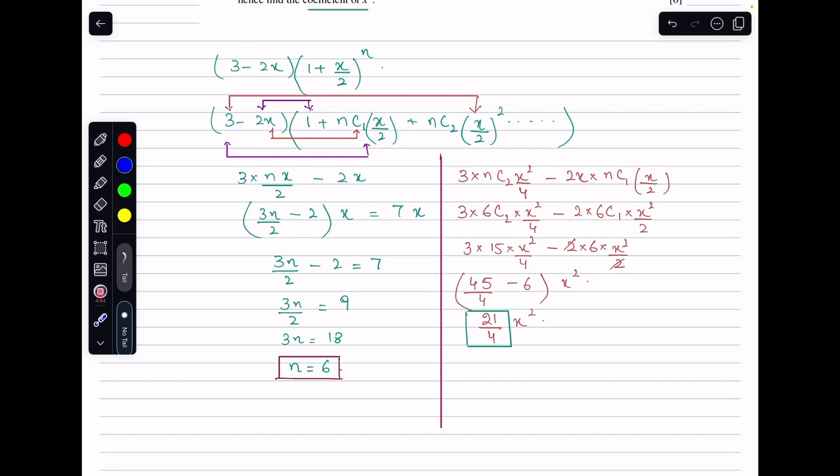That is going to be the coefficient of x squared, and the final answer here shall be equal to 21 by 4, and also we can say that this answer here can be 5 whole 1 by 4 x squared. So this also can be the answer to this question here.